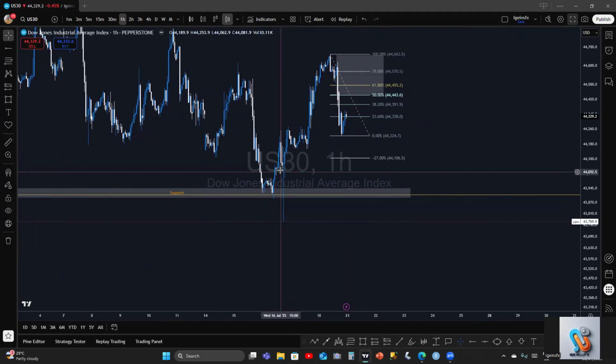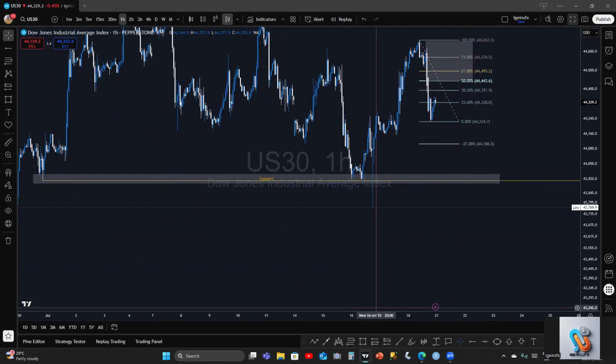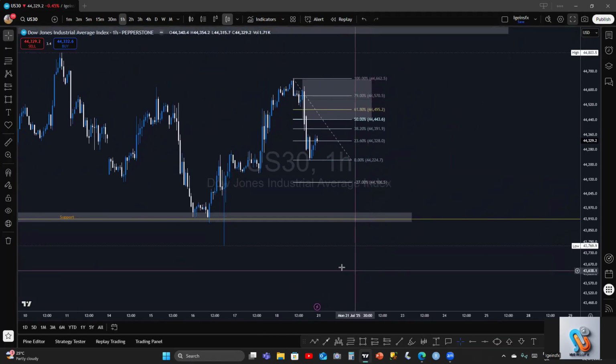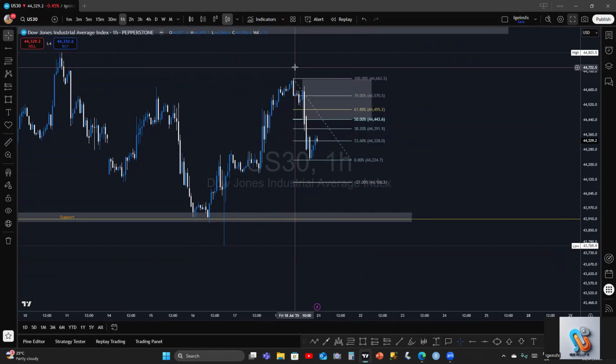Then, even though there was a spike through it, price action closed above it. So something is telling us there. At that time, there was buying pressure, there was a rejection. So the push triggered this move to the upside.